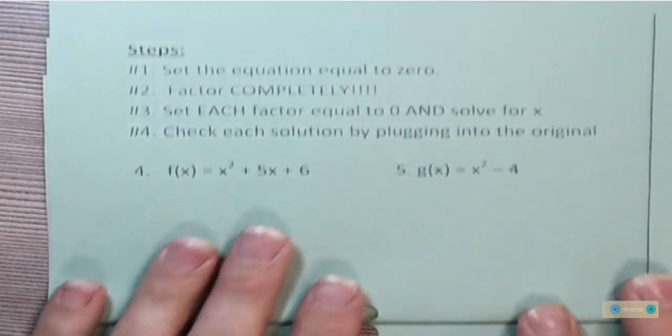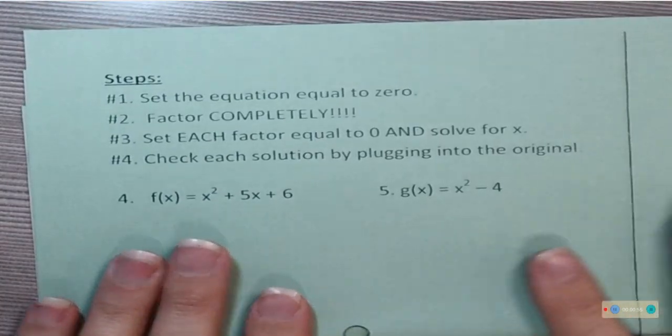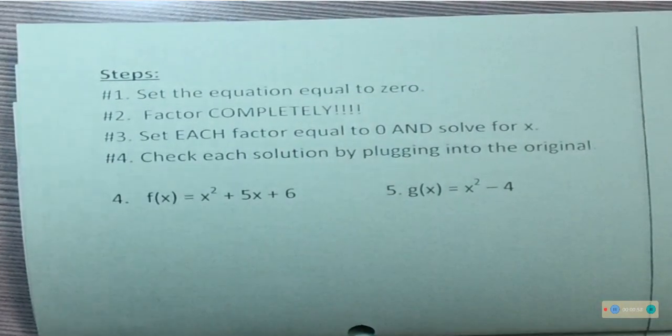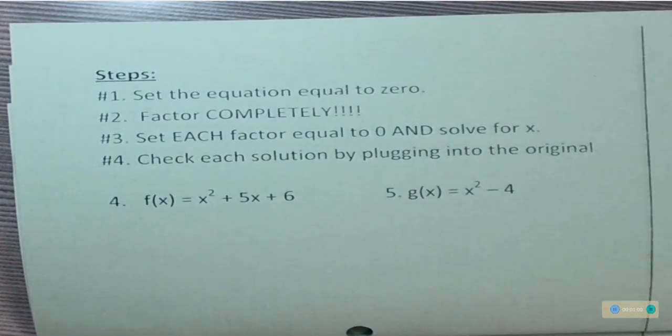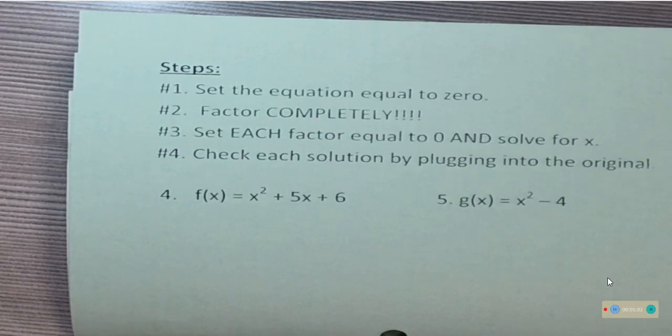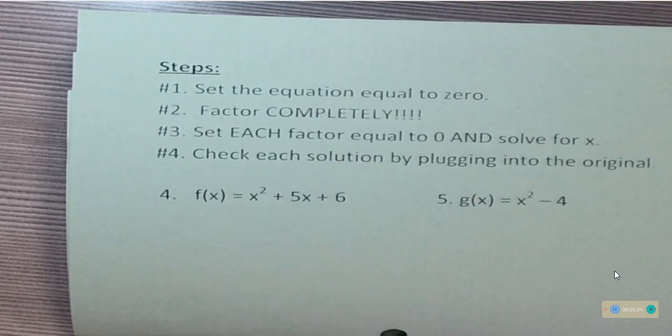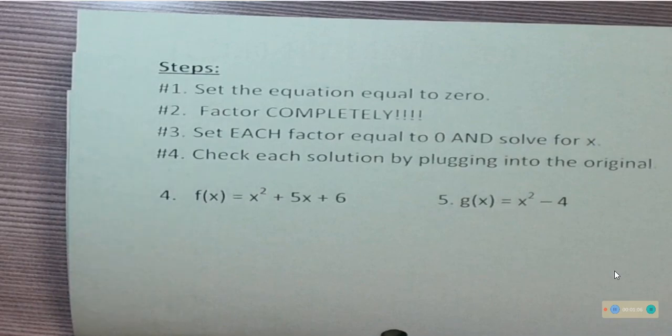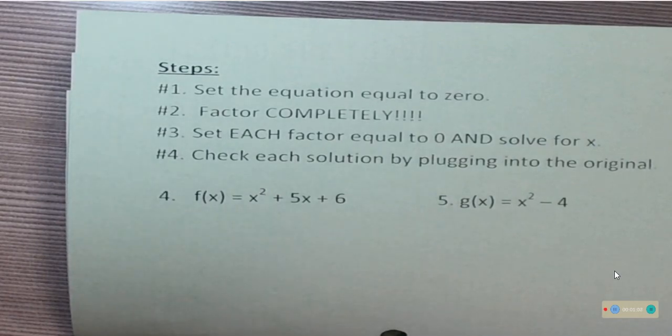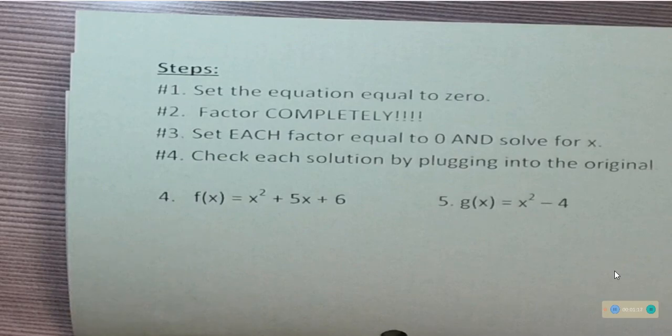Now here's some steps. The first thing that you've got to do is set the equation equal to 0. That means if there's stuff on both sides of the equal sign, you've got to get it all on one side. If it is just f of x, you just write 0, okay? It has to be x squared, x, and number, okay?